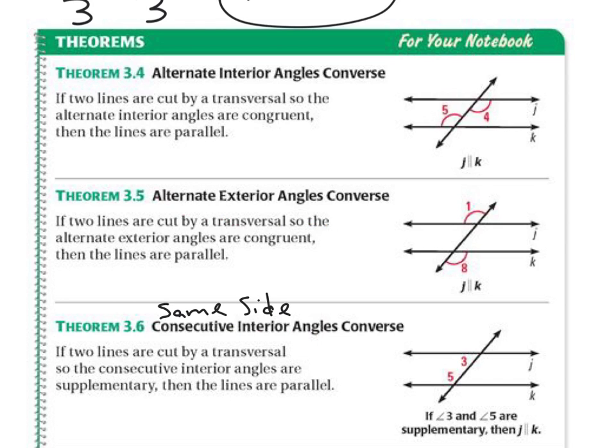If alternate interior angles are congruent, then the lines are parallel. If alternate exterior angles are congruent, they are parallel. If same side interior angles add to equal 180 degrees, then the lines are parallel. So again, we're taking those ideas that we learned in the last two lessons and just flipping them around.